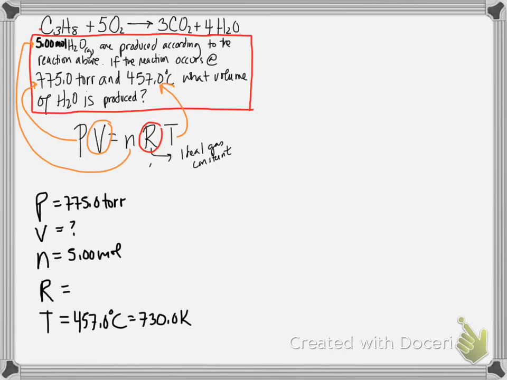Okay, so 2 things to do when you're doing any kind of ideal gas law problem, just like you did in the combined gas law problems. List your variables. It helps you. And even though R isn't a variable, I usually list R because it forces me to look at my units for pressure and say, oh, which ideal gas constant do I want to use?